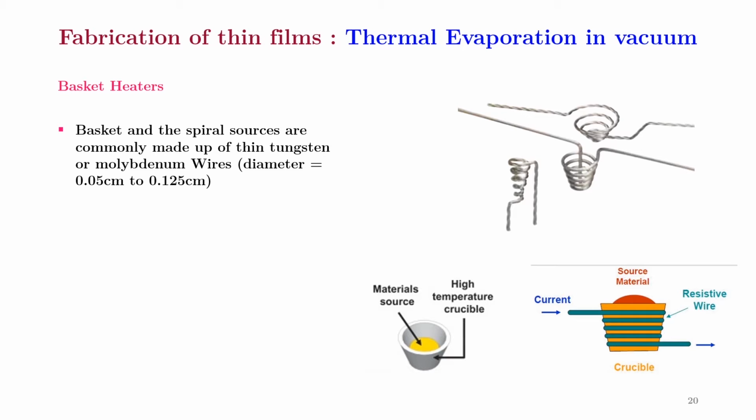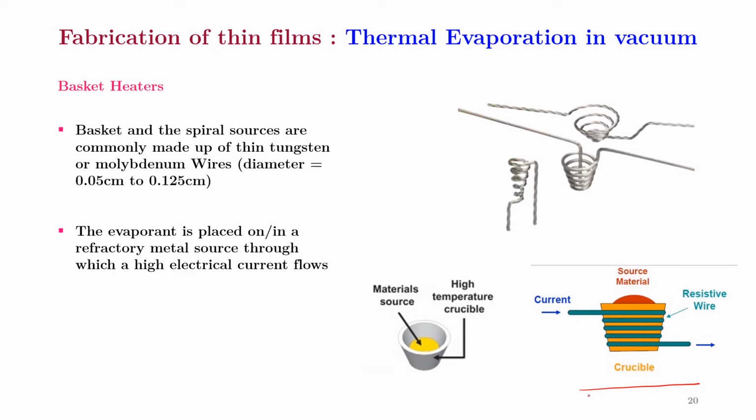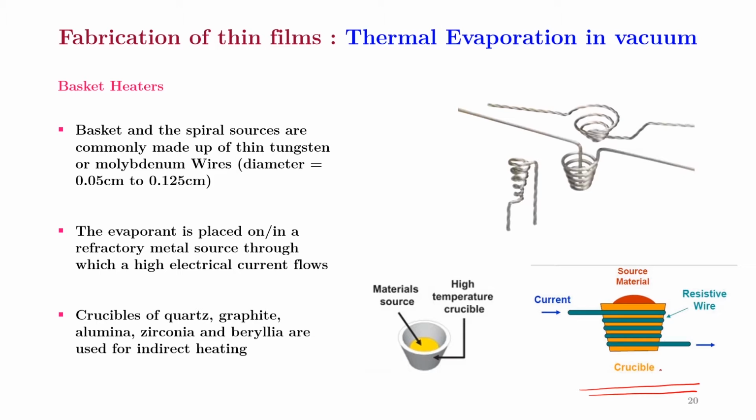The basket and the spiral sources are commonly made up of thin tungsten or molybdenum wires. These wires will have diameters ranging from 0.05 to 0.125 cm. As we see in this figure, the evaporant is placed inside a refractory metal source through which a high electrical current flows.